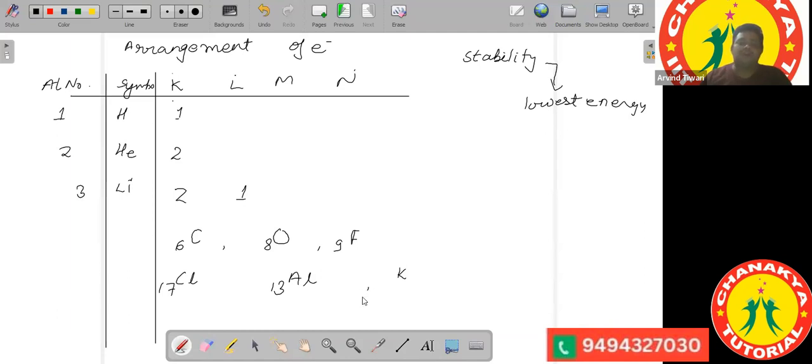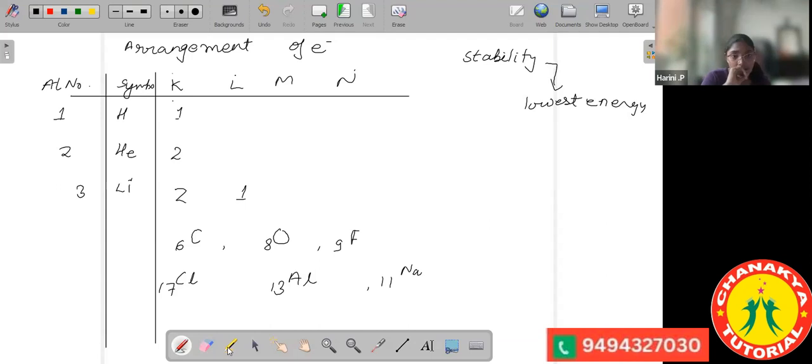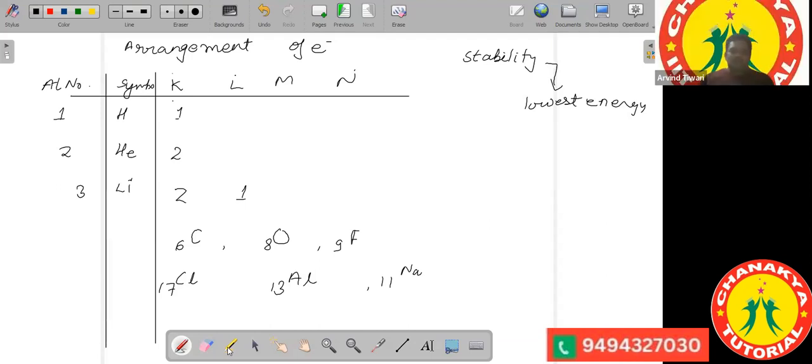Potassium is 19, but before that, let's do sodium. That's 11. So start writing the electronic configurations. Okay, Pranay has given the answer for carbon.